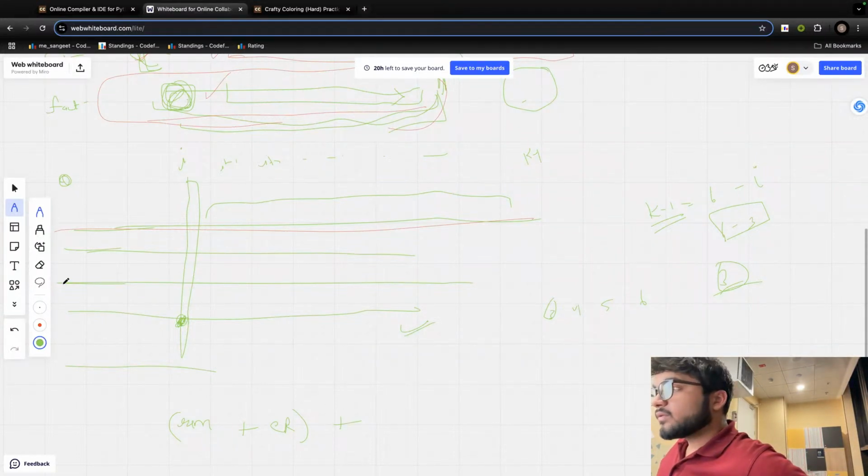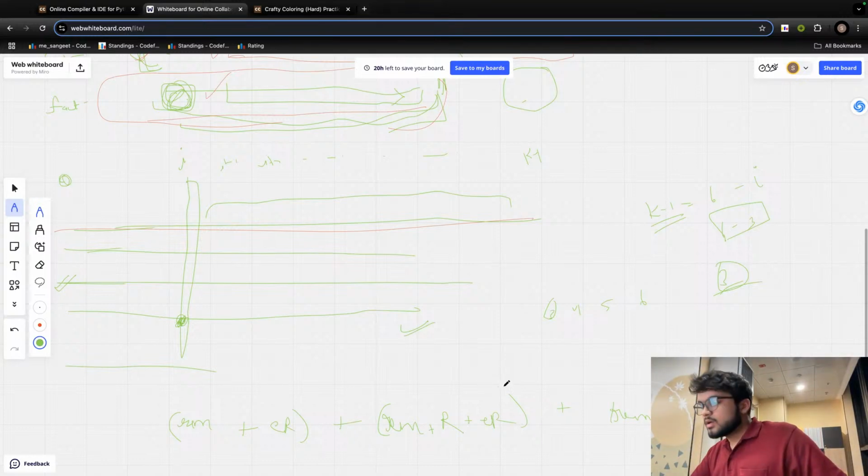What will be subtracted for the row above? Remainder plus this row plus element at right. Similarly, remainder plus 2 row plus element at right. Is this making sense?